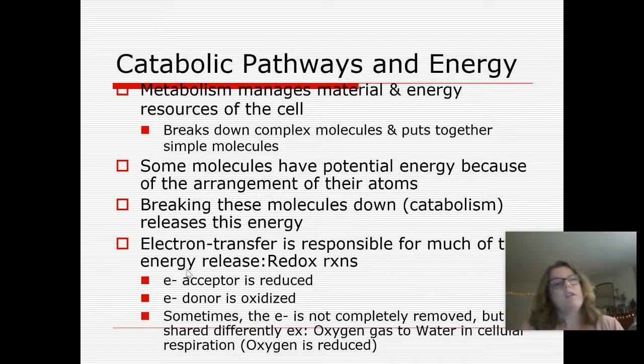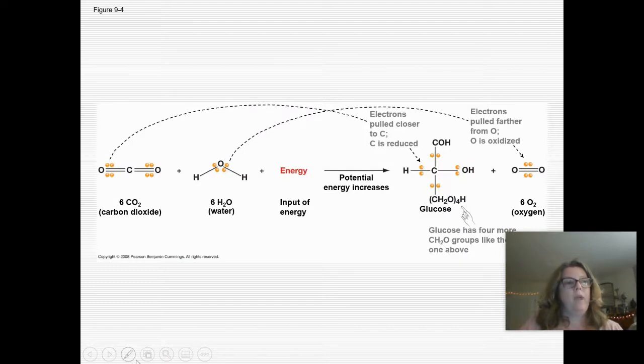In the chemical processes we're going to see, sometimes you don't actually completely have to remove the electron for this to still be a redox process. Sometimes what happens is electrons in polar molecules might move closer to one atom in the molecule or to the other atom in the molecule. So let me show you an example of that here. Okay, so you've got carbon dioxide and water. Water here is a polar molecule, right?